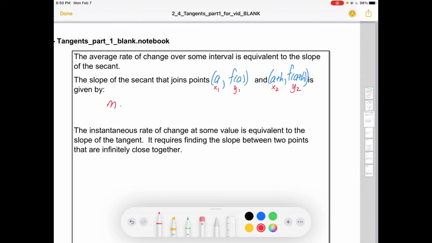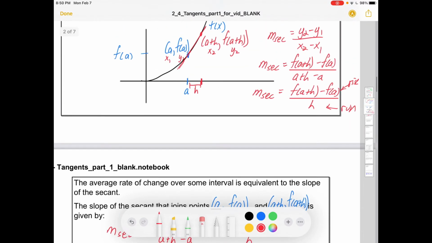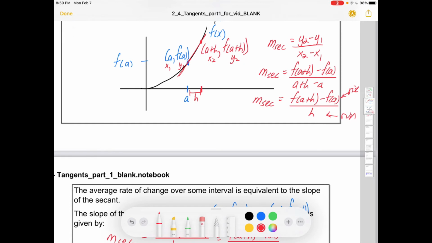So the slope of the secant will be y2 minus y1 all over x2 minus x1. On the bottom it even kind of says, aha. Or f of a plus h minus f of a all over h. That is the slope between any two points, or the secant slope.